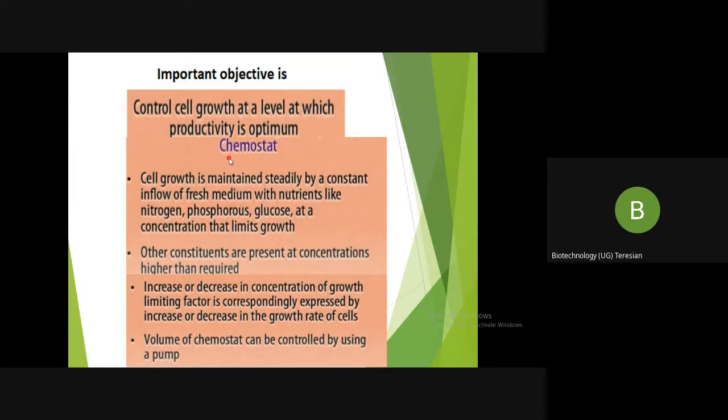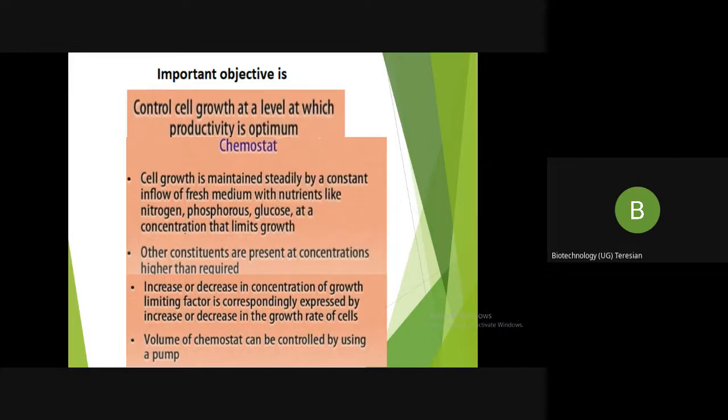Then what is a chemostat? A chemostat is a type of continuous fermenter. So here, cell growth is maintained steadily by a constant inflow of fresh media. Fine. With nutrients like nitrogen, phosphorus, glucose at a concentration that limits their growth.